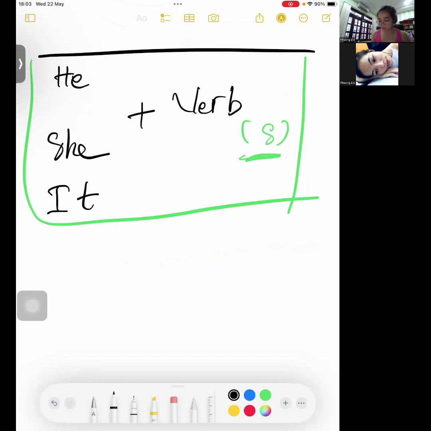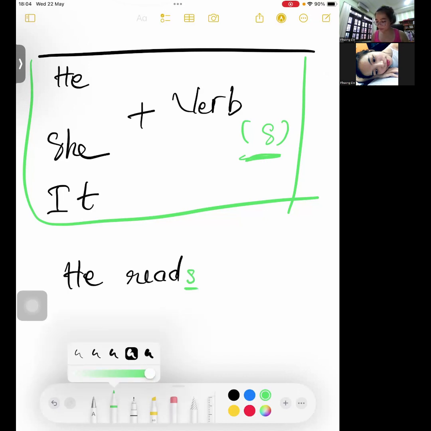Okay, so now let me change. I will use the simple example for you. He reads newspaper on the weekend.